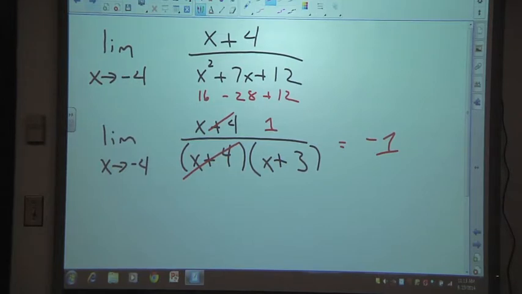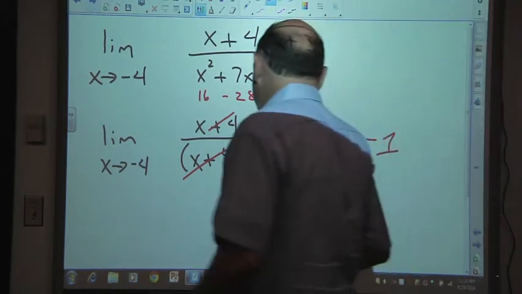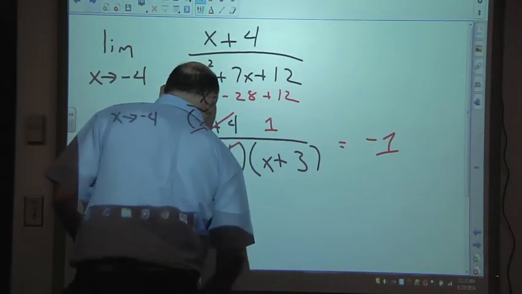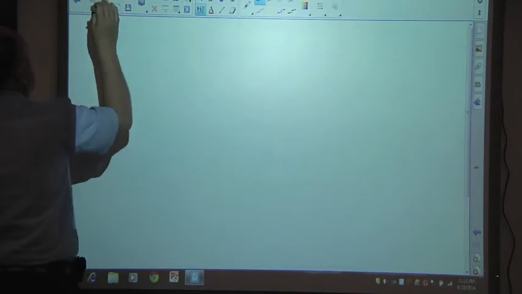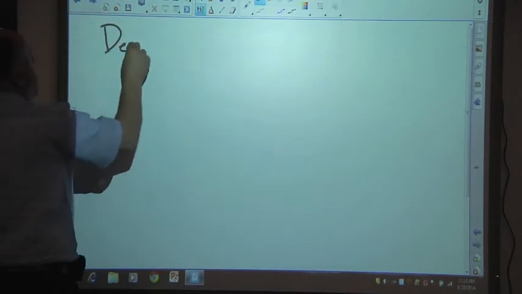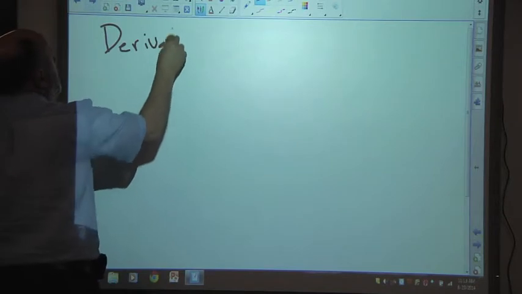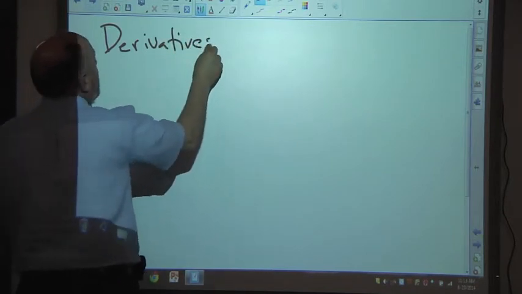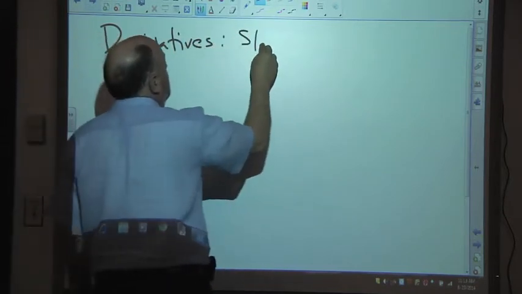So that's in terms of limits. Calculus is broken out into basically two branches. The first branch is called derivatives, and derivatives basically refers to the slope.